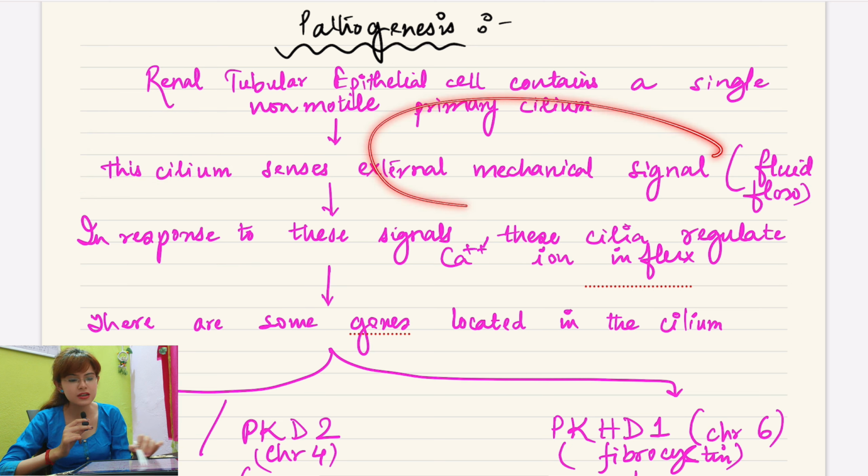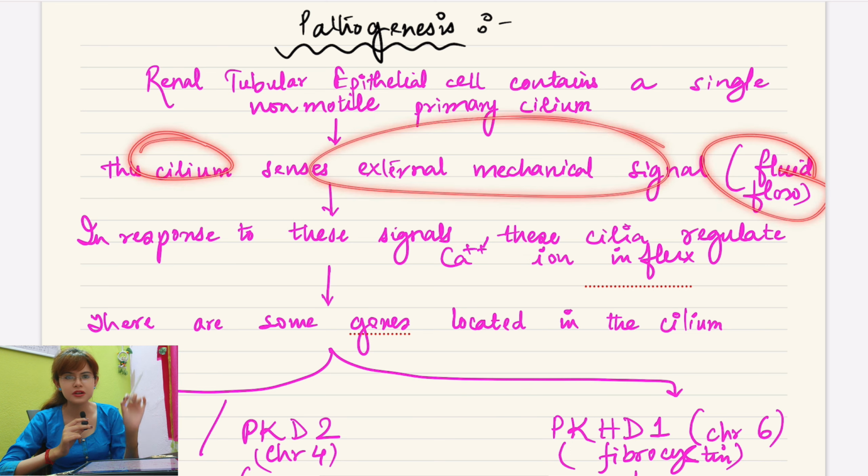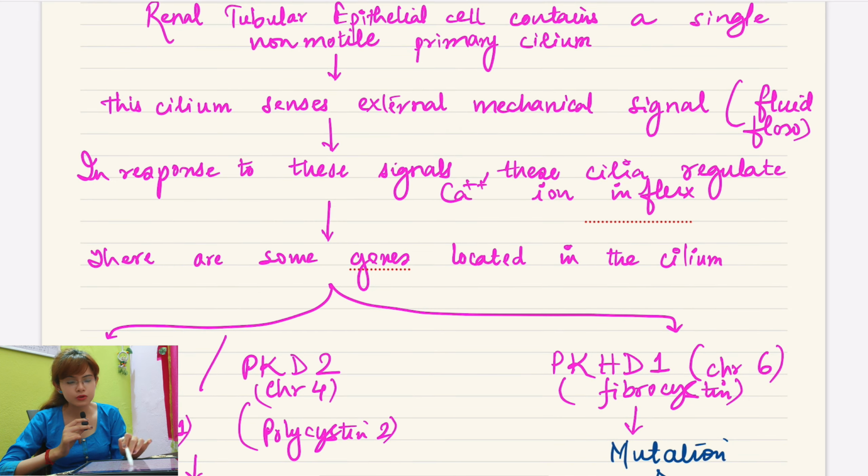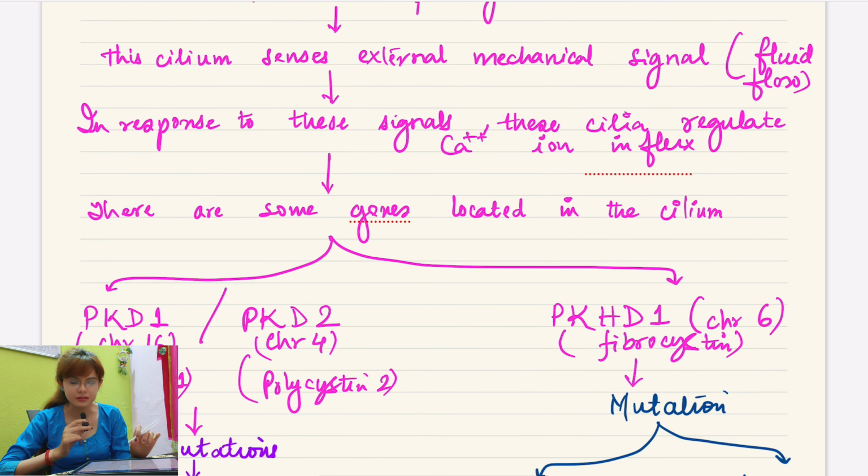It senses the external mechanical signal because of fluid flow. Whenever there is a fluid flow, the cilium will sense the external mechanical signal, and in response, it will regulate the calcium ion influx. So the function of the cilium is to regulate the calcium ion influx.